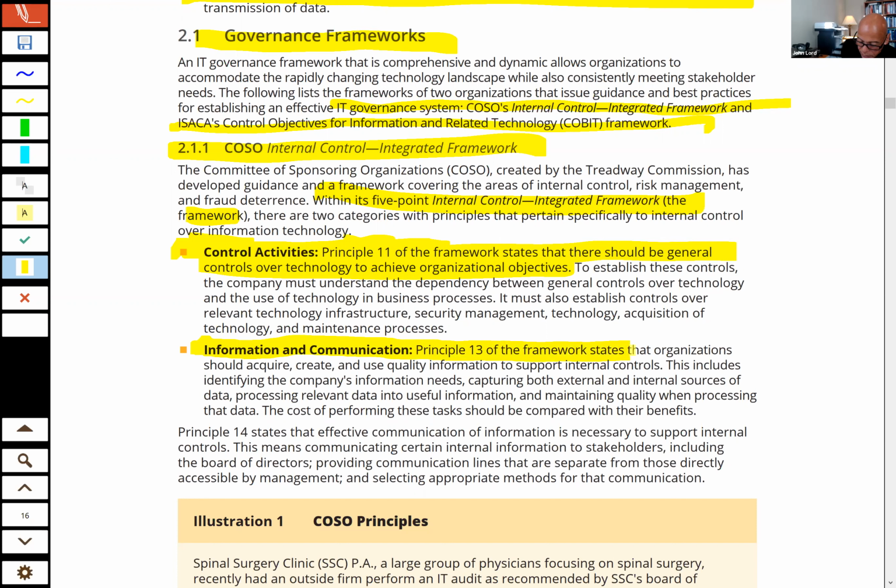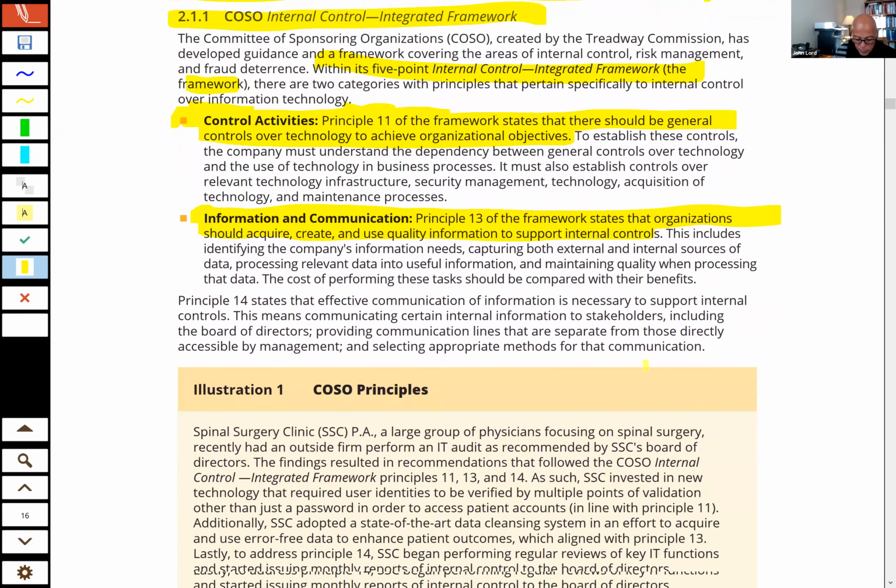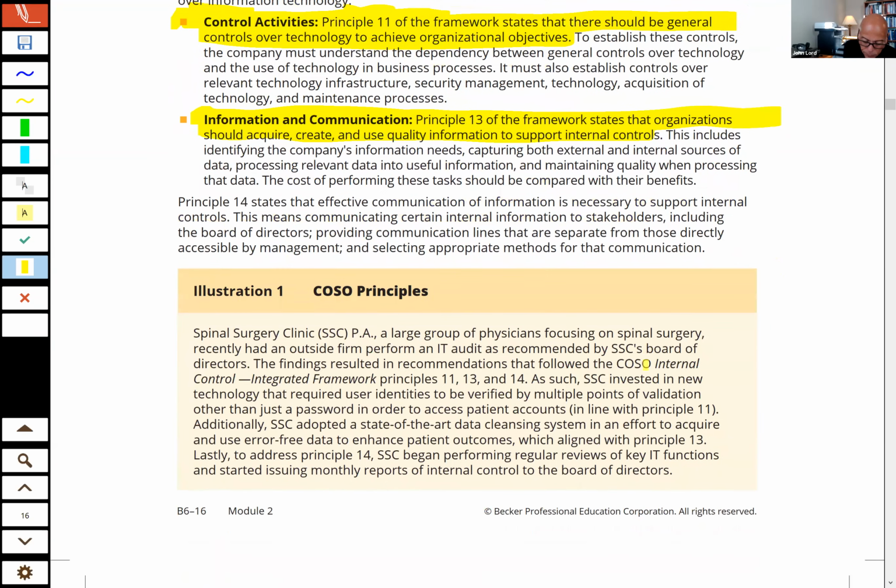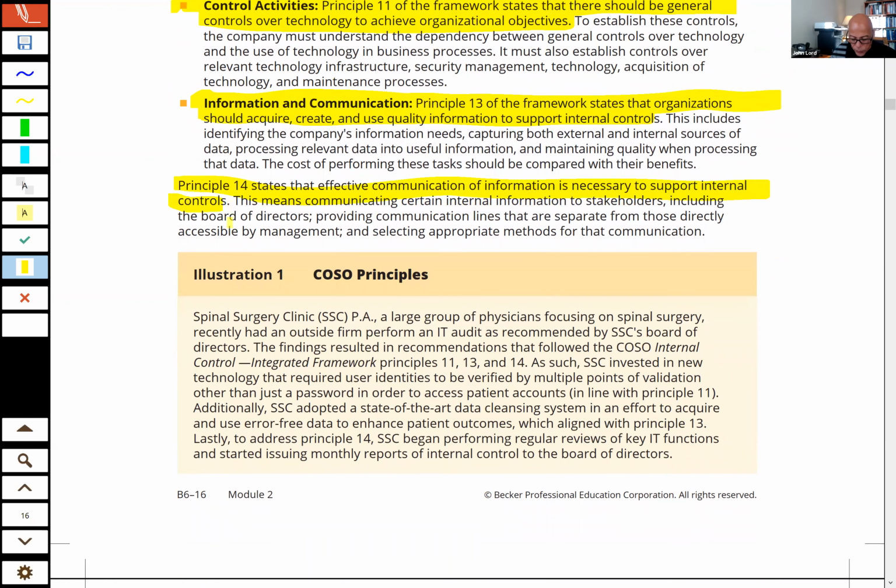Principle 13 states that the organization should acquire, create, and use quality information to support the internal controls. Coming over, principle 14 states that effective communication of information is necessary to support the internal control.